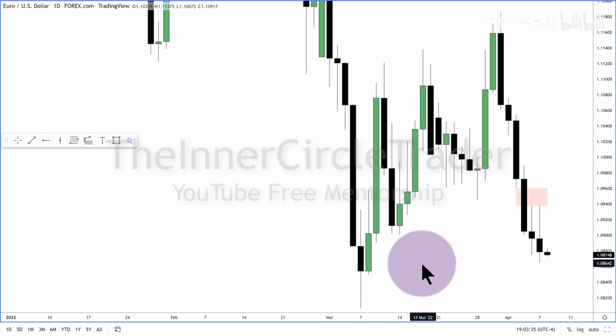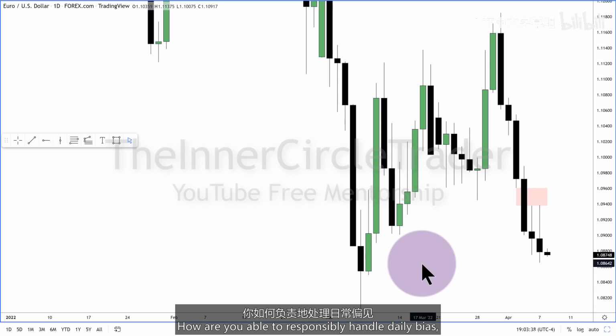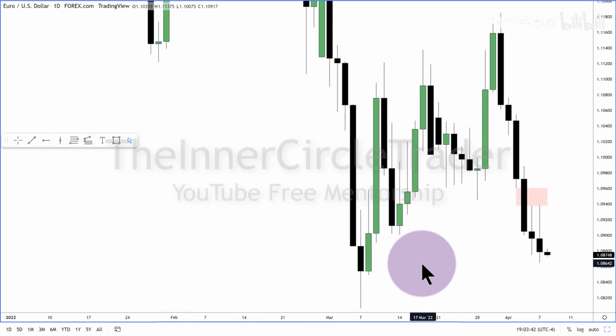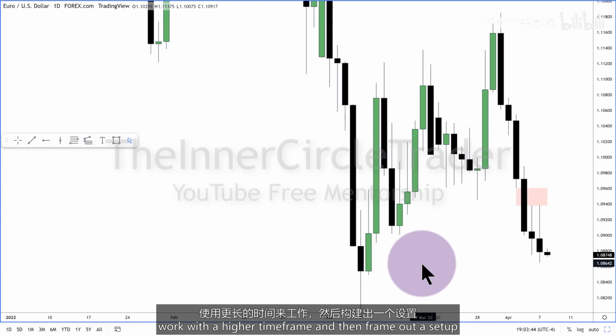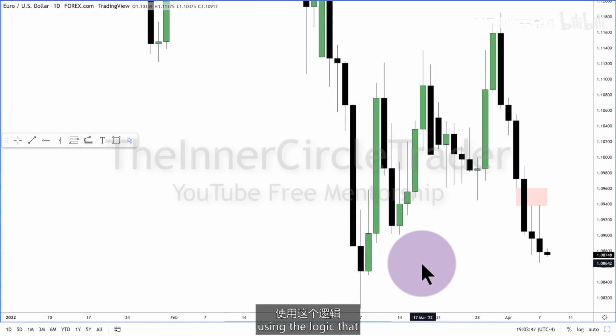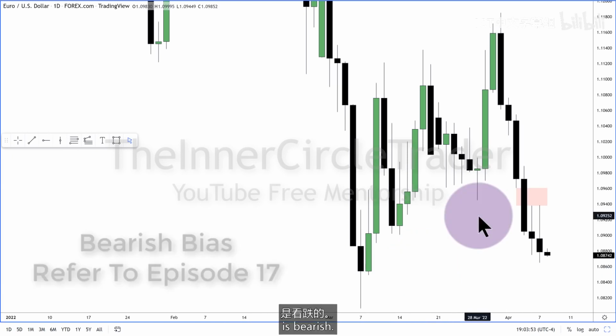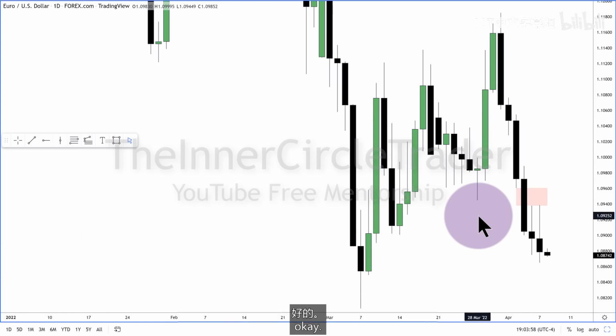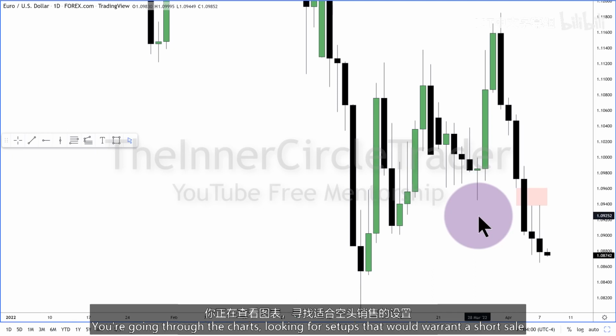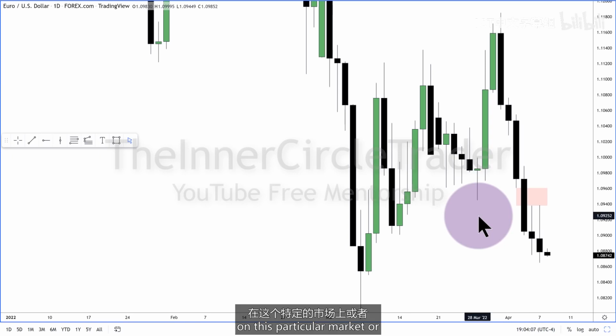How is that possible? How are you able to responsibly handle daily bias, work with the higher time frame, and then frame out a setup using the logic that I'm showing you in this model? Let's do that now. Number one, the bias is bearish. So if a bearish bias is being implemented, in other words, you're using that in your analysis, you're going through the charts looking for setups that would warrant a short sale on this particular pair in Forex.